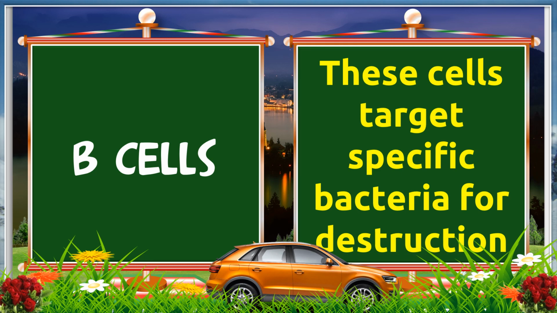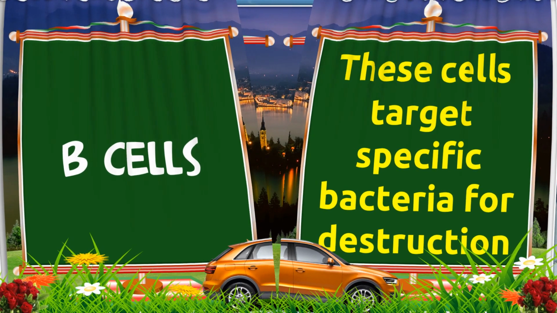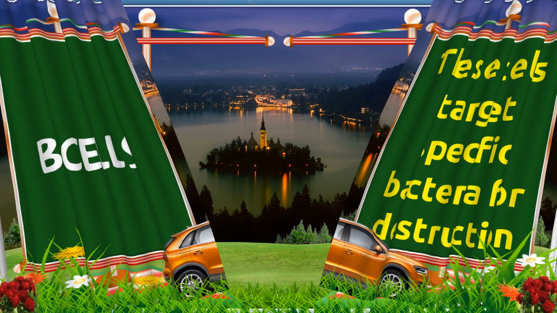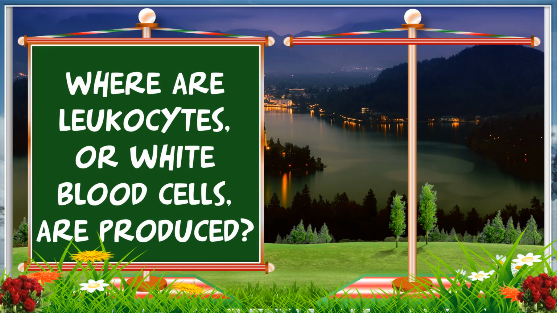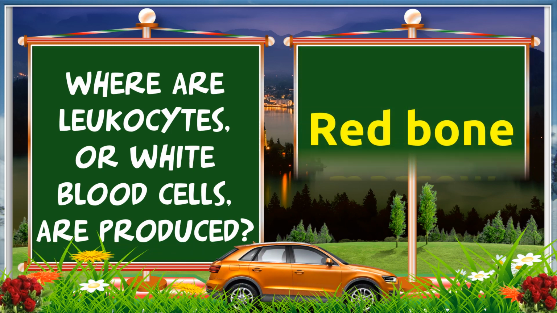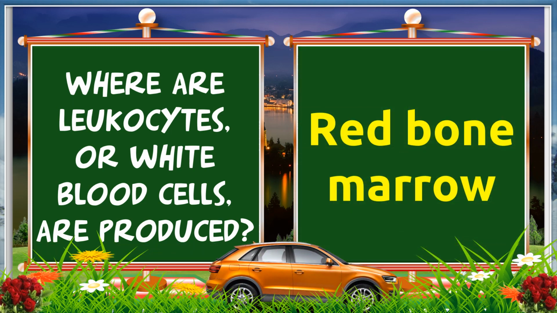These cells target specific bacteria for destruction. Where are leukocytes or white blood cells produced? Red bone marrow.